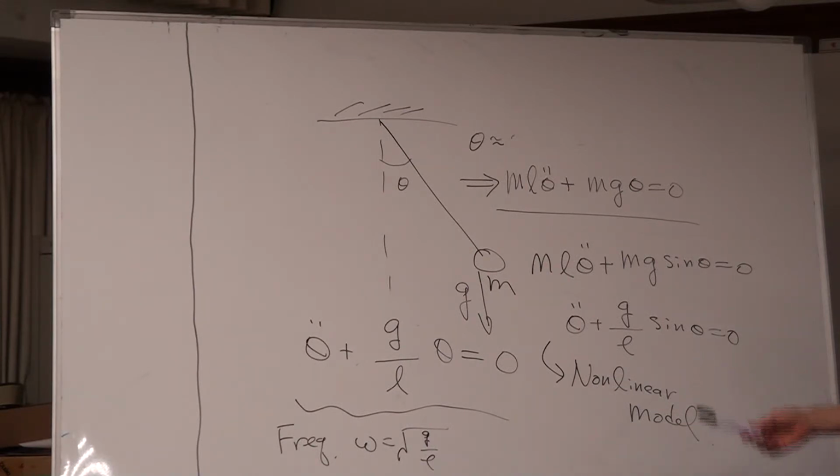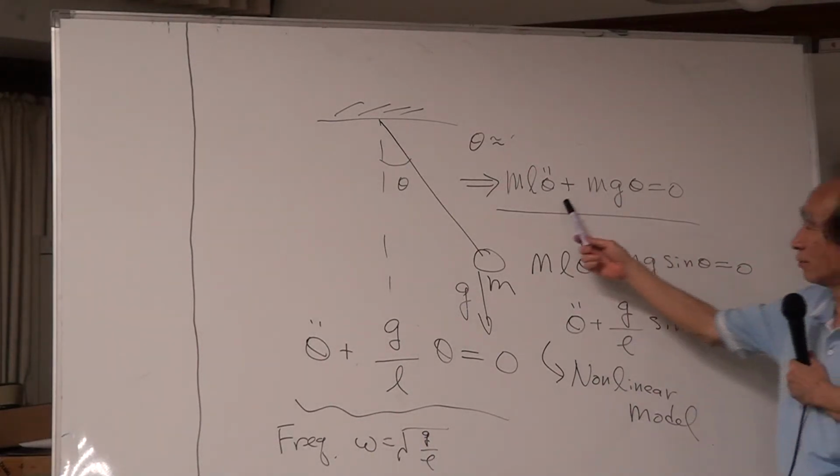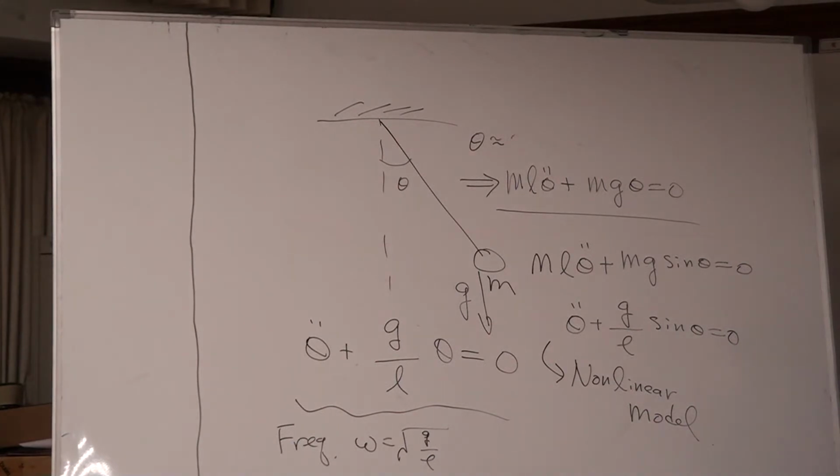It's a simple model. That's not quite right. Even with this nonlinear model, if we design a controller with this linear model, it's useful. It's useful. Because of what?